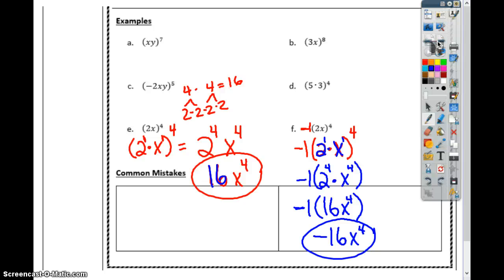On page 9, I want you to do numbers 15, 16, 19, and 20. All right, again, on page 8, I want you to do 3, 4, 5, 6, 7, 8, 13. On page 9, I want you to do 15, 16, 19, and 20 to go along with this day's notes.